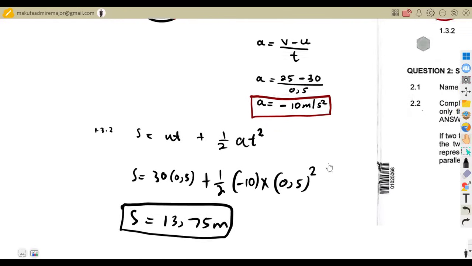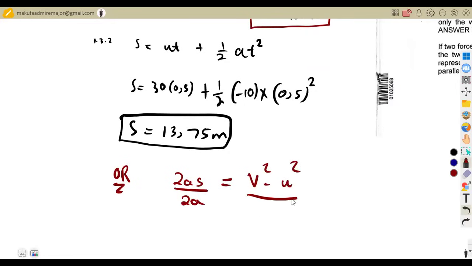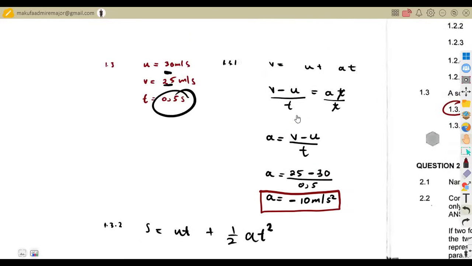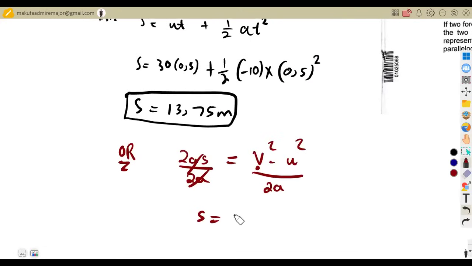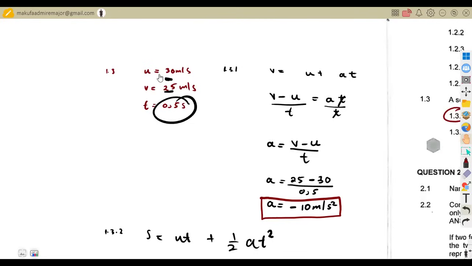All right, I talked about the other formula that I indicated there. Let's see if we are going to have the same thing. Remember, we said 2as is equal to v squared minus u squared. So if you want s here, we're going to divide by 2a by 2a. That means s was going to be v squared, the final velocity 25, that's 25 squared, minus u squared, the initial velocity here. Our initial velocity was what? 30.